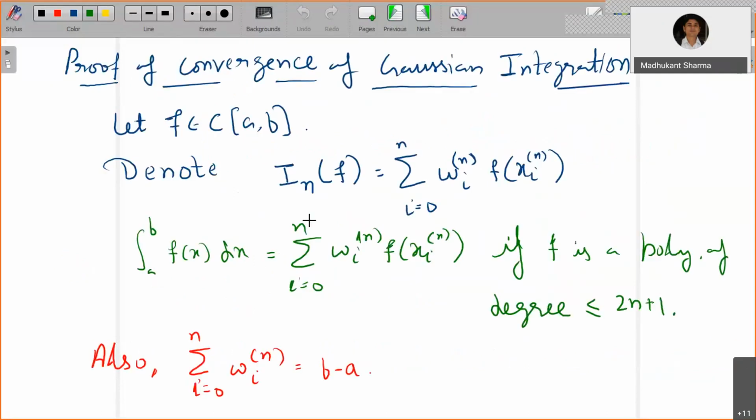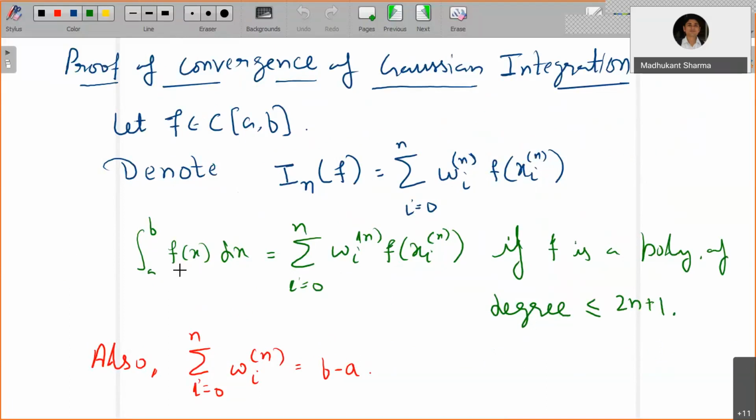So here, f belongs to C of [a,b], let's say a continuous function. Then we denote In of f, which is the quadrature rule, summation i equals 0 to n of wi f of xi. This is not another formula; it is only symbolized to show the dependence of wi and xi on n.